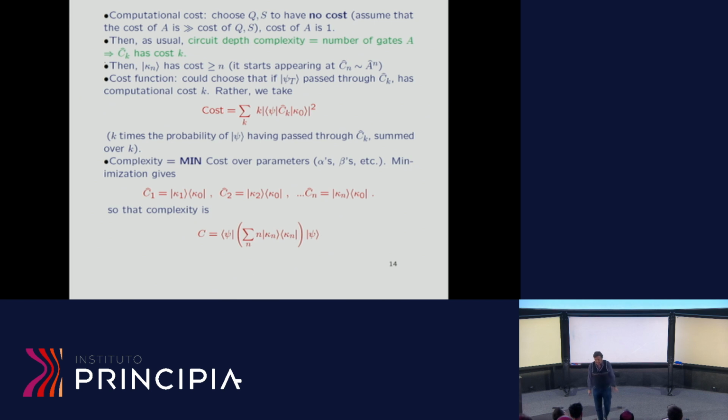Which means that the complexity, the circuit depth complexity, is really, as usual, the number of gates.